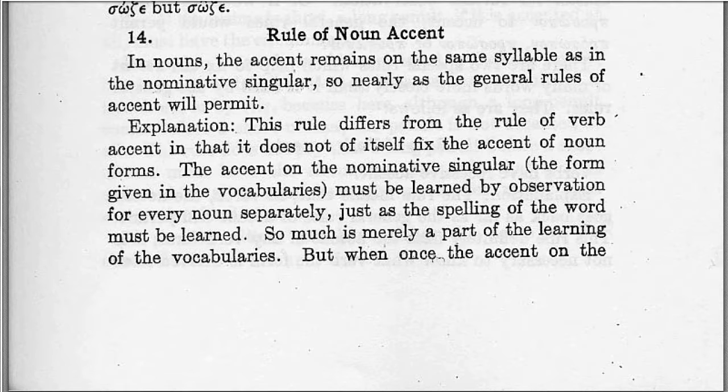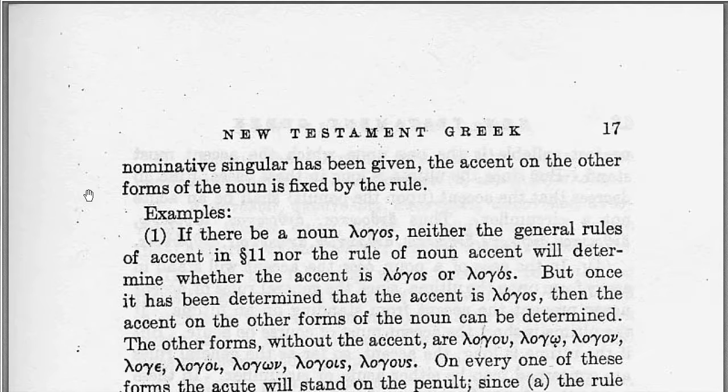So much is merely a part of the learning of the vocabularies. But when once the accent on the nominative singular has been given, the accent on the other forms of the noun is fixed by the rule.